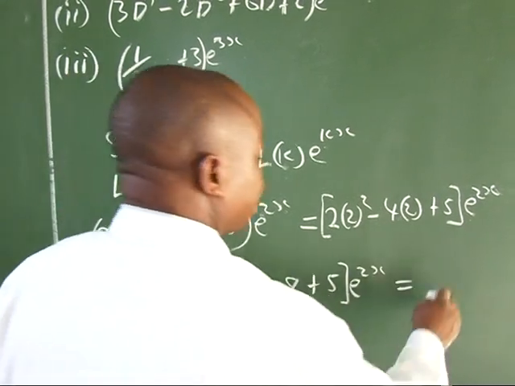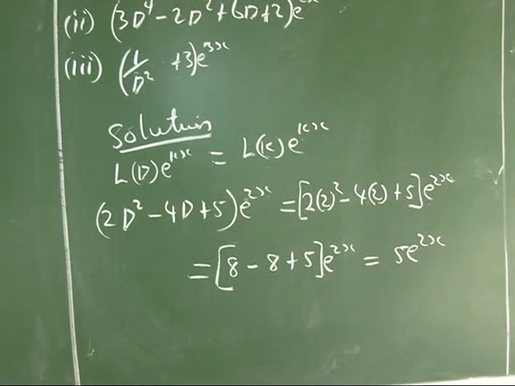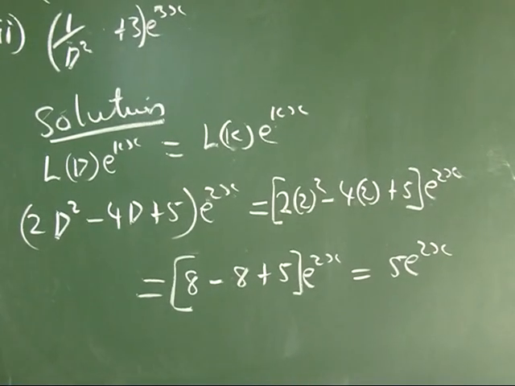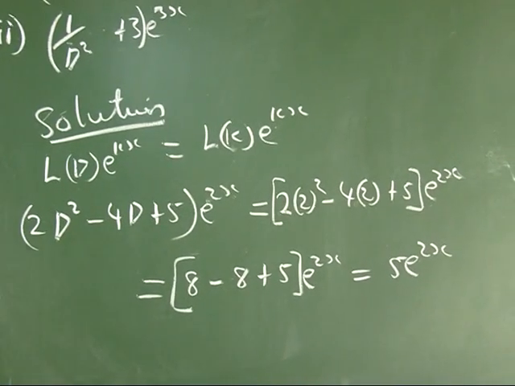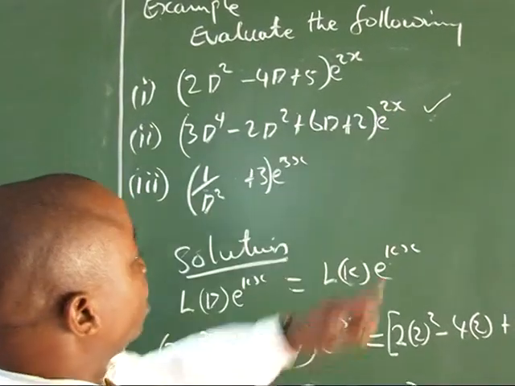Of course, everything here becomes 5 exponential 2x. So that's the usefulness of the theorem. Now, I'd like you to try this. It's very simple.